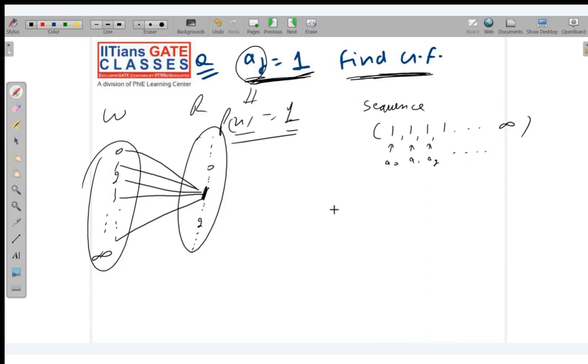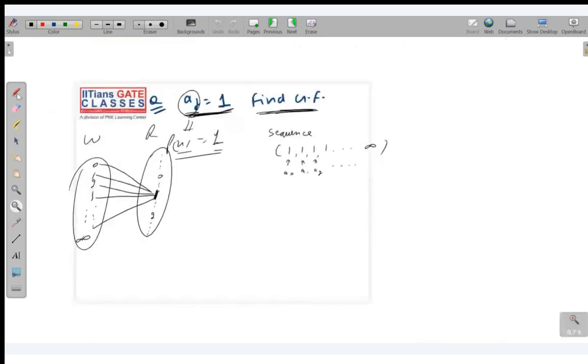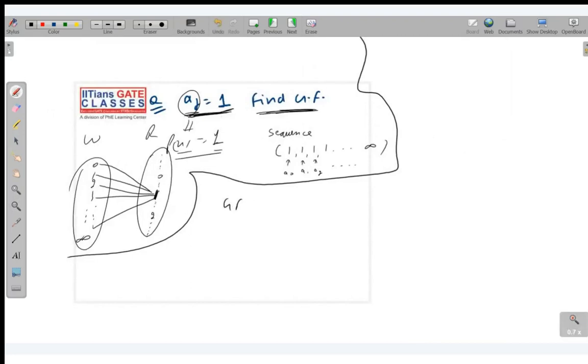Now how we will solve it, let me give you the idea. Let me jump to the next slide. In the next slide we do not have space, so let me do it here itself. What is a generating function?